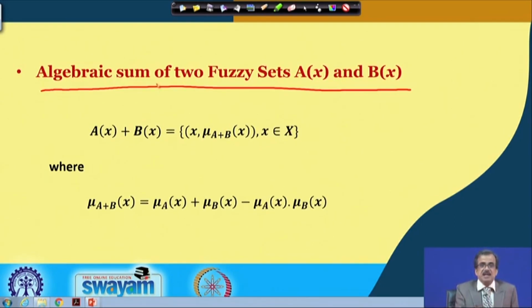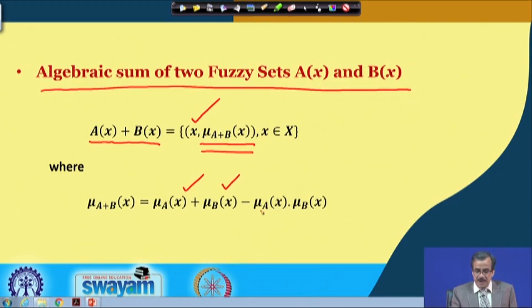Their algebraic sum A(x) plus B(x) is nothing but x, such that it has the membership value mu A plus B(x), where x belongs to capital X, and mu A plus B(x) is nothing but mu A(x) plus mu B(x) minus mu A(x) multiplied by mu B(x).